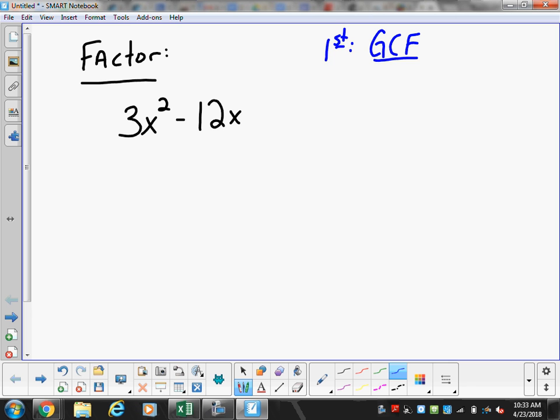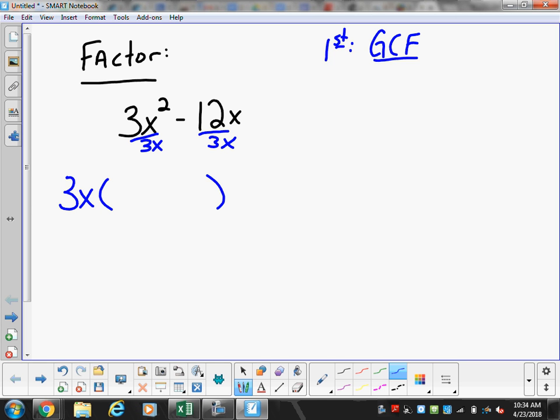An x. So we're going to factor out a 3x. And so to find out what's left, we just divide both of these terms by 3x. When I divide that first term, 3x squared divided by 3x, the 3 divided by 3 is just 1.